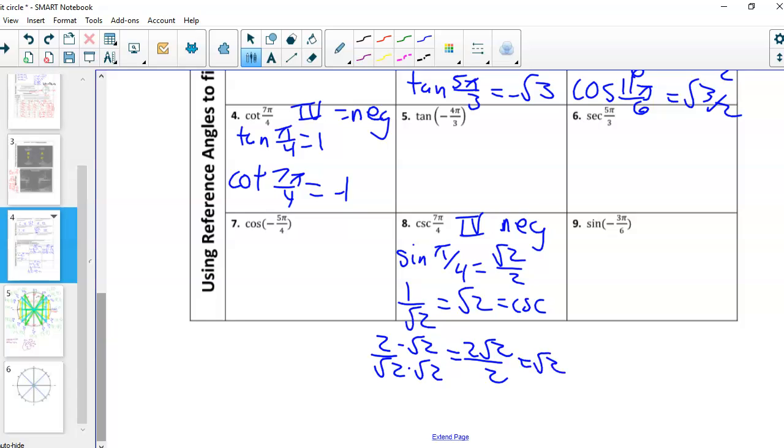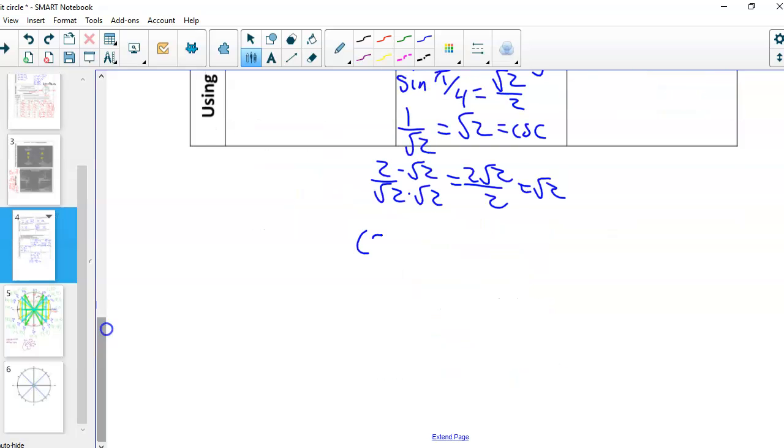Both ways would work. If you remember doing it from the triangle, we had 1 over the square root of 2, so you don't need to go back and do all of that work, but you can. The cosecant of 7 pi over 4 would be negative root 2, because it's in the 4th quadrant.